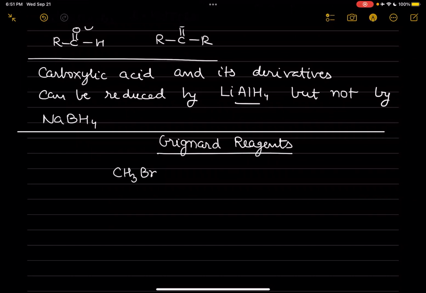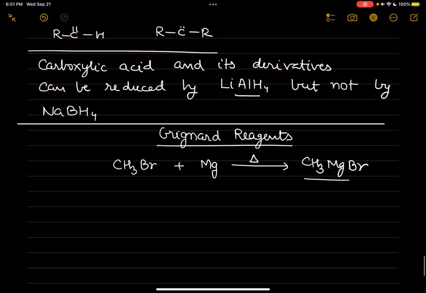Okay, you heat it with magnesium, and that changes into CH3MgBr. And in this CH3MgBr, Mg got inserted between the carbon and the halogen. The general name for this type of reagent is Grignard reagent.